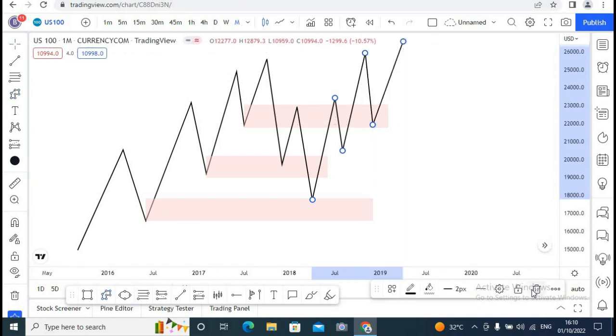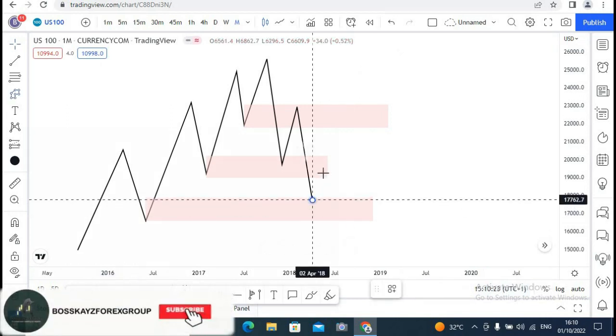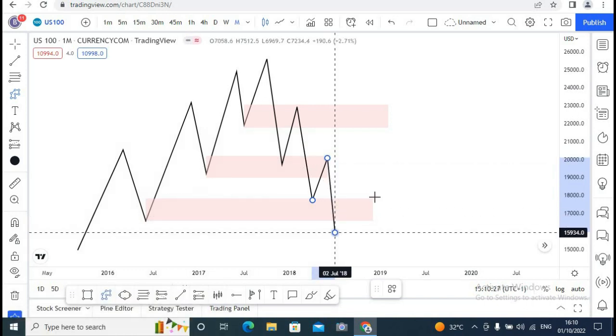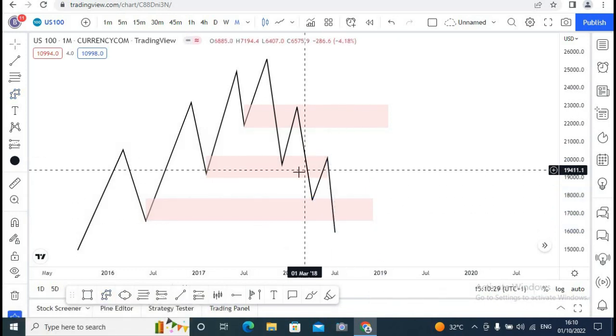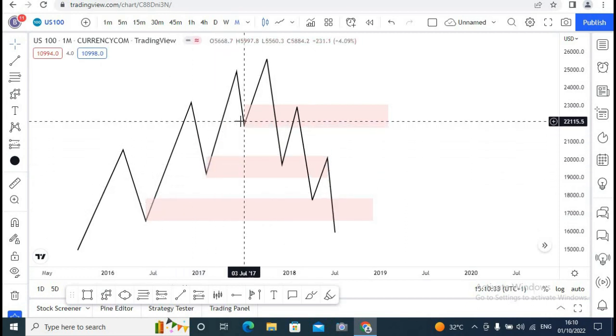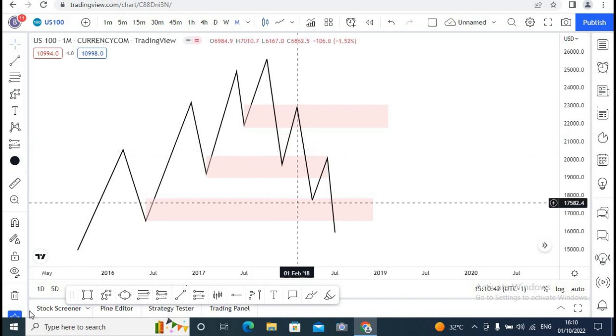But if it fails to do that, they'll come to this breaker block, and then they'll continue going to the downside. So what you have to understand, these demand levels will help us to understand if price is still continuing going to the downside, or is now going to the upside.